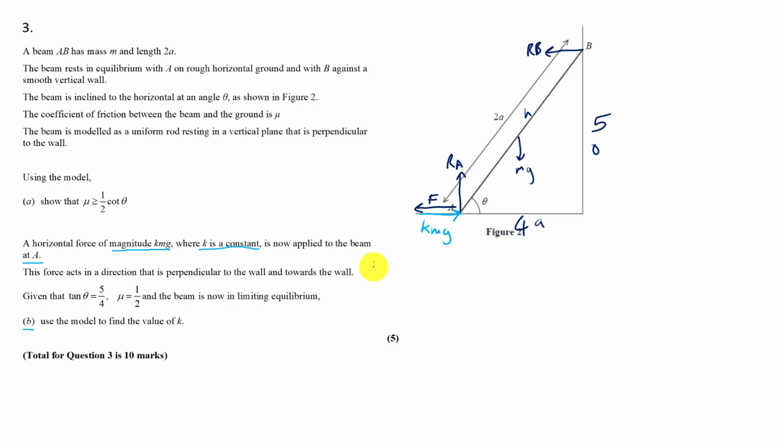Which way can we resolve? Let's resolve horizontally first. And what do we get? We get this kmg here. So we've got kmg.